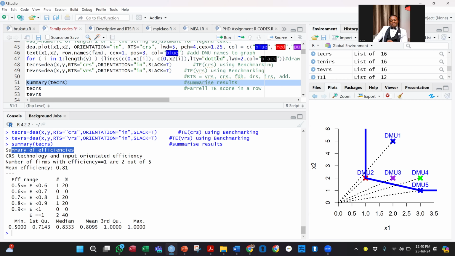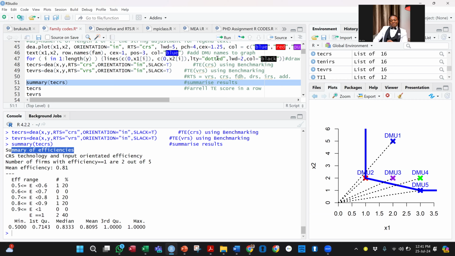It says the number of firms with an efficiency score of 1. That is why it has double equality. Double equality here means strictly efficient, that is fully efficient. Number of firms with full efficiency of 1, not weakly efficient, but fully efficient.